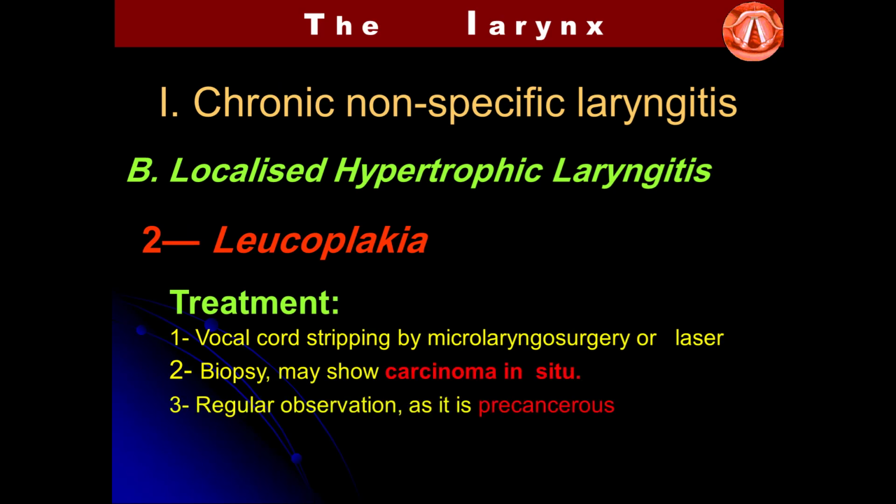Treatment is very important: we do vocal cord stripping by microlaryngeal surgery or laser, and send it for pathology to detect any malignancy. If it shows carcinoma in situ or invasive carcinoma, we go ahead and continue treatment. However, if it is free, we need regular observation of this patient, as it is a precancerous condition.